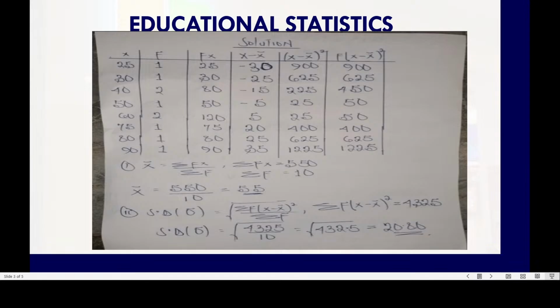See, let me tell you something. Remember I told you I made an error of 25, right? For this calculation, if you use the correct value, the answer will be the same. The difference is significant.